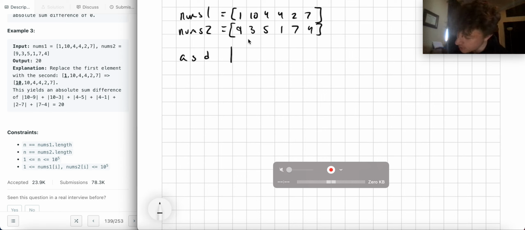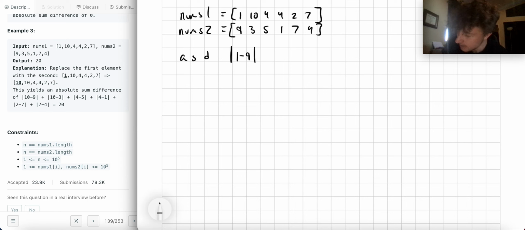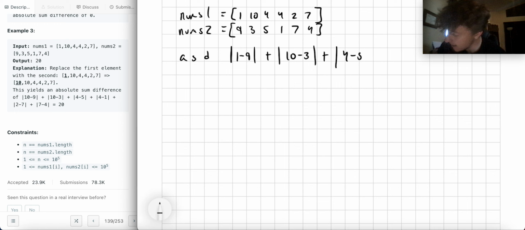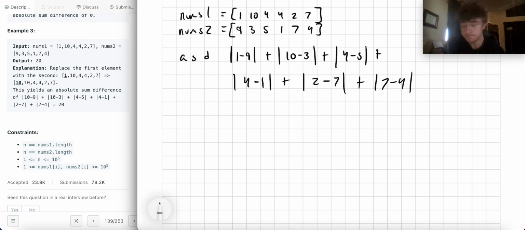So the absolute of 1 minus 9, plus the absolute of 10 minus 3, plus the absolute of 4 minus 5, plus the absolute of 4 minus 1, plus the absolute of 2 minus 7, plus the absolute of 7 minus 4. That's all literally listed right here.